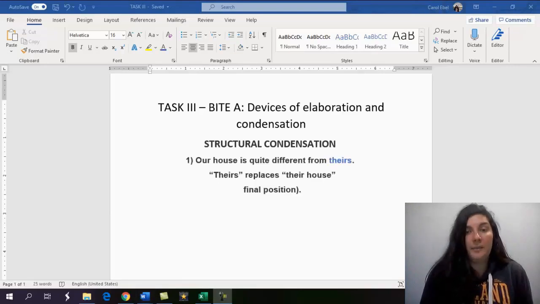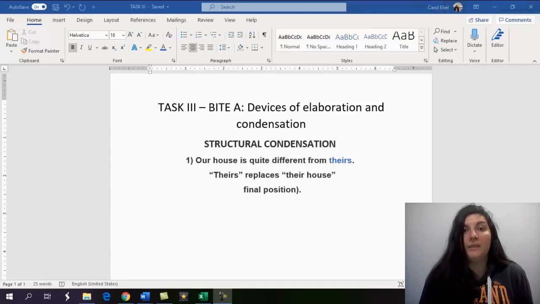In exercise number 1, we have a case of structural condensation in which a possessive pronoun was used in order to condense some information and not to repeat a word that was used previously. Please note that in this clause, the speaker is establishing a comparison and is talking about somebody else's house.